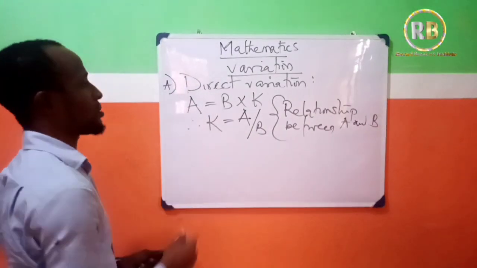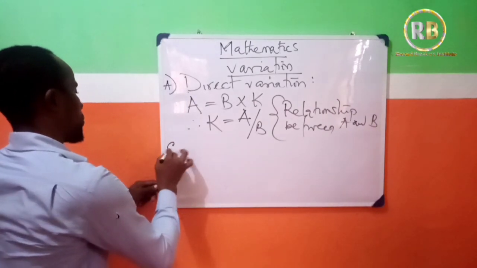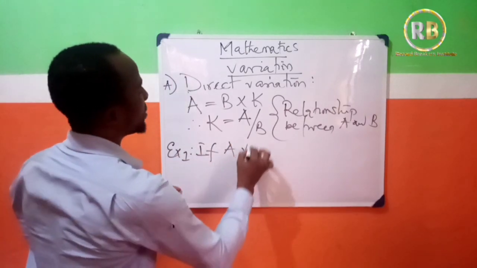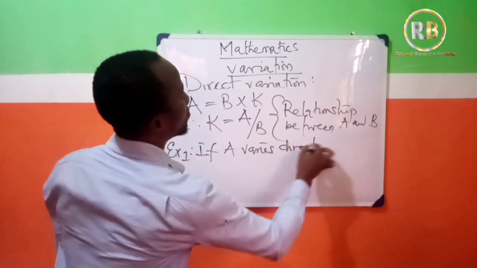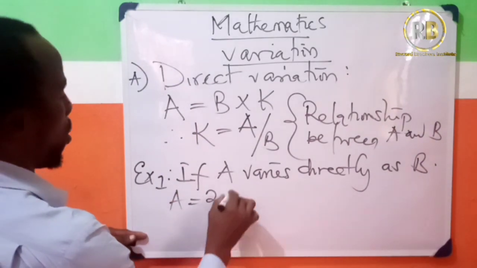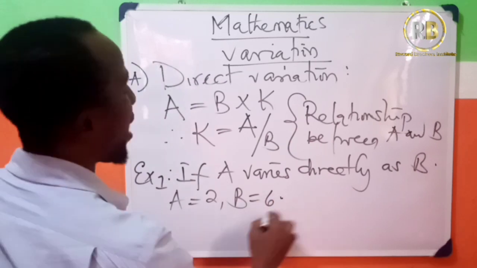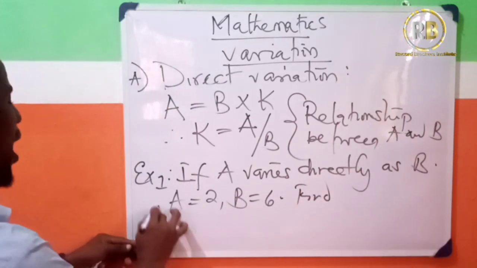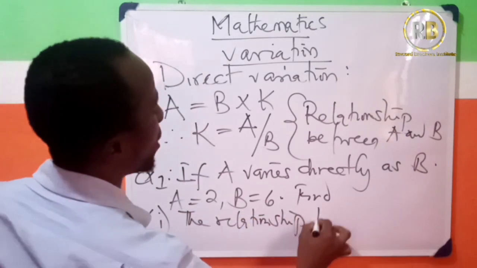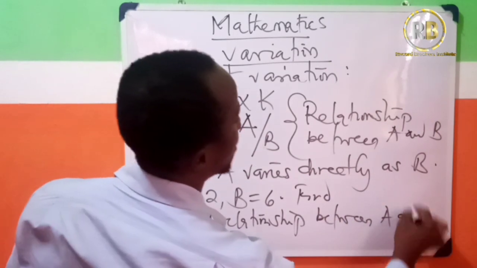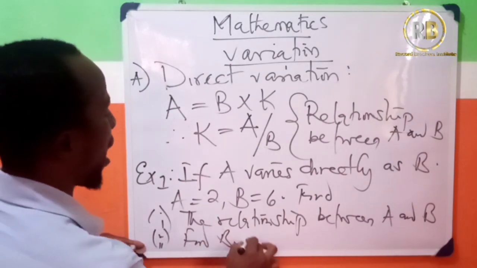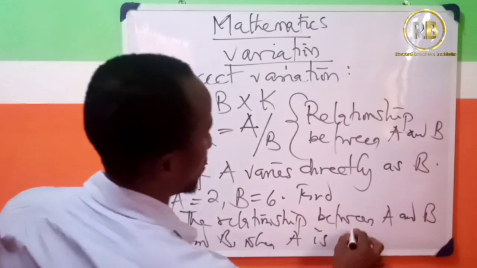Now, let's give an example related to direct variation. Example 1. If A varies directly as B, and A is 2 when B is 6, find I, the relationship between A and B, and II, find B when A is 12.